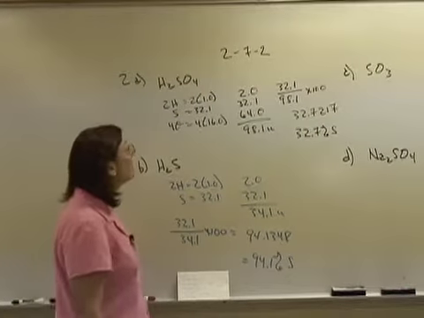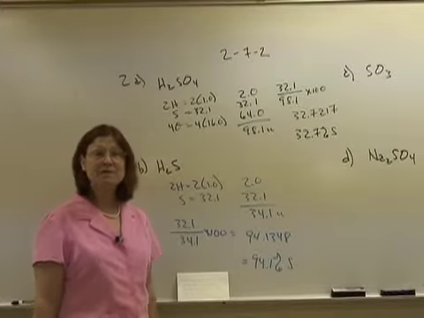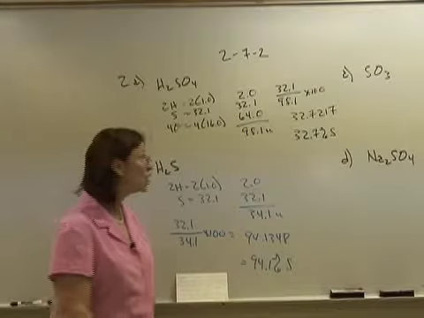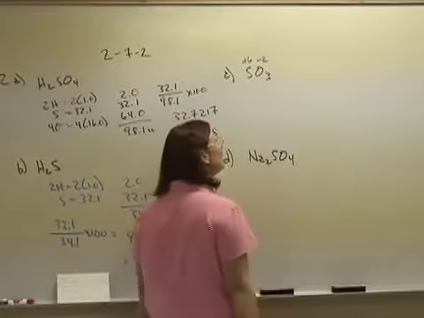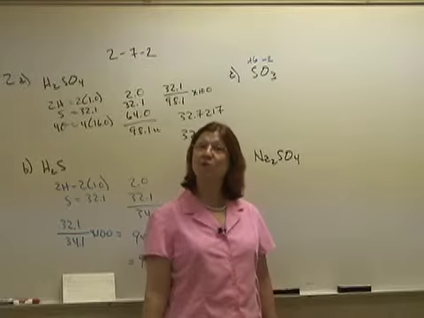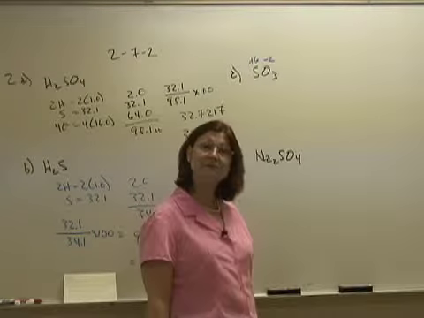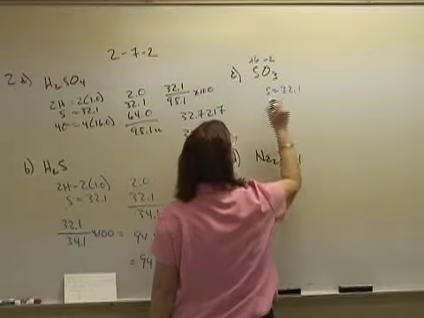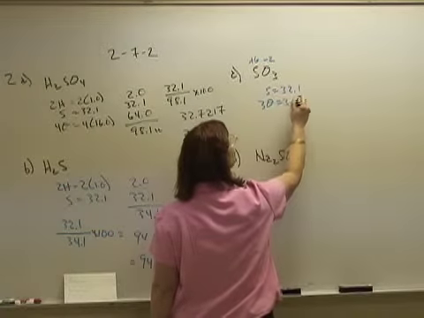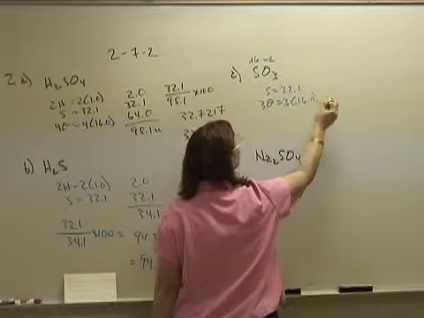Now the next one, again, I needed to remember that the Roman numeral is a charge on the first element. And therefore, my formula is SO3, because compounds must be 0. Sulfur is 32.1. 3 oxygens is 3 times 16.0.